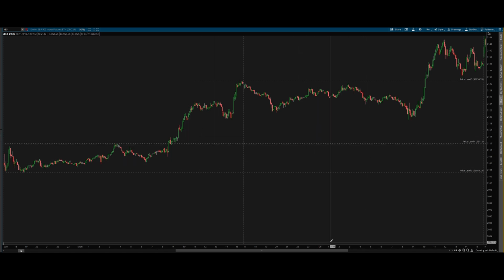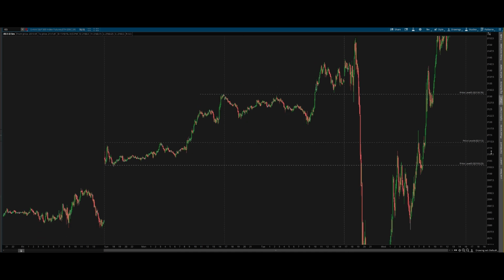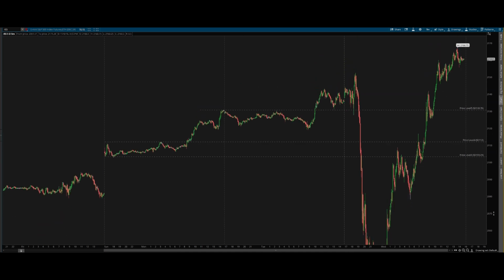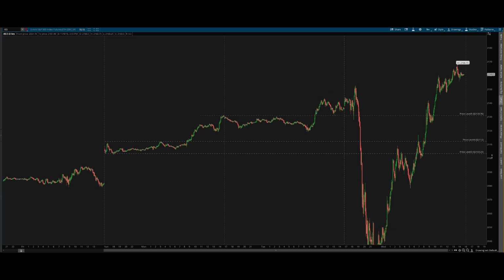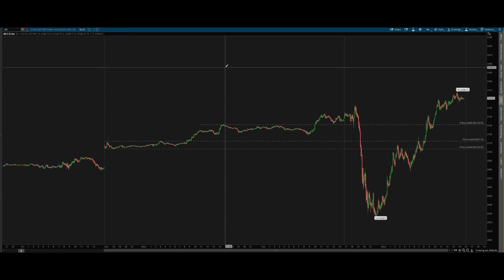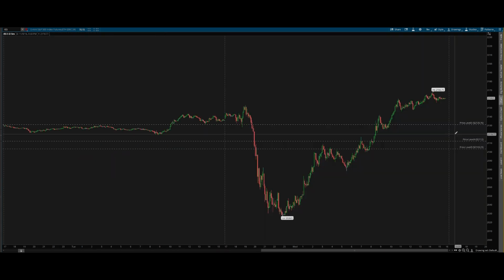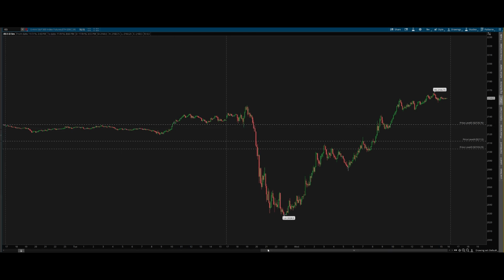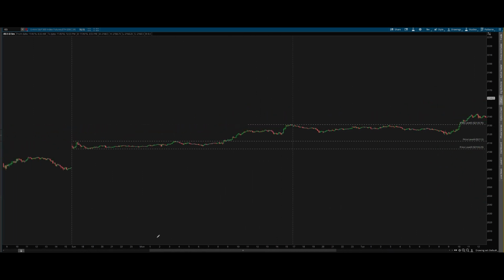Then as we move over towards the following day, which is Tuesday, election day, I want to try to bring this into full frame. Okay, so here we are. We've got our Tuesday coming up, and we're still very much inside Monday's price action.